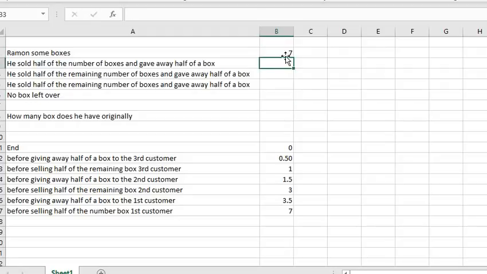He sold half of 7, so it's 3.5. But then again, he gave 0.5, so it is equal to 3, correct? And then he sold half of 3, that's 1.5, but minus 0.5, so it gives you 1, right? And then sold half, which is 0.5, then minus 0.5, you'll get 0. So our answer is correct.